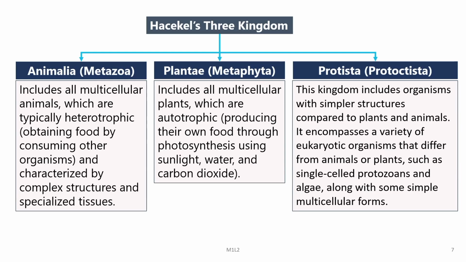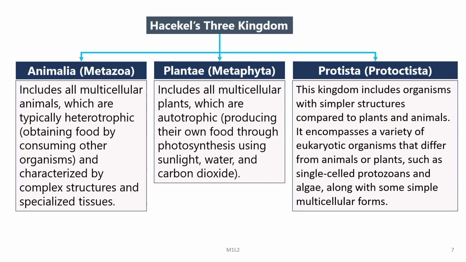As proposed by Linnaeus earlier, the kingdom of Animalia includes all multicellular animals which are typically heterotrophic, that means they obtain food by consuming other organisms, and are characterized by complex structures and specialized tissues. Then comes the Plantae. These include all the multicellular plants which are autotrophic.